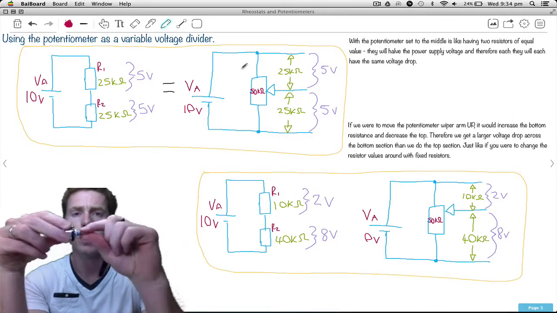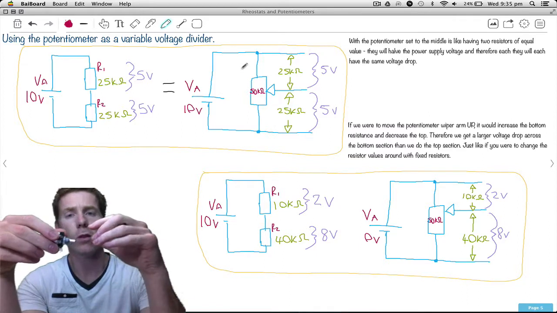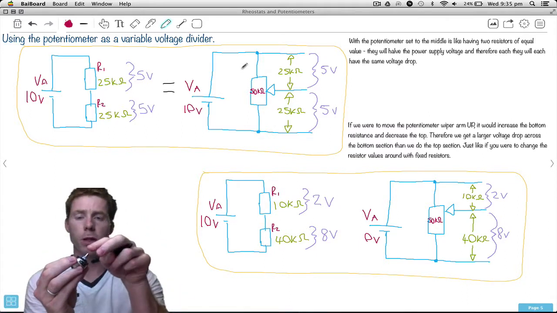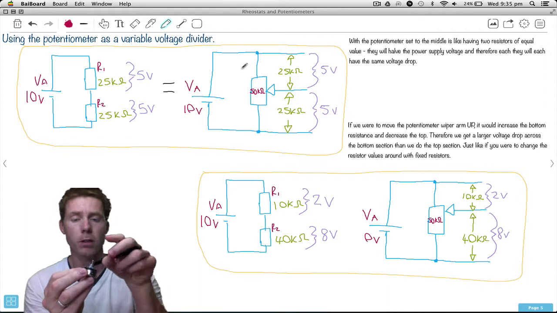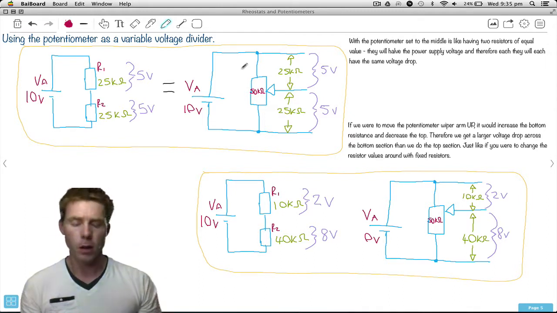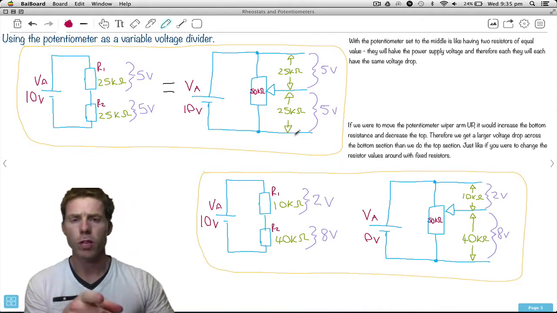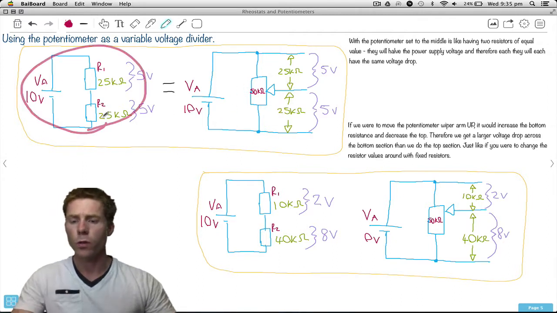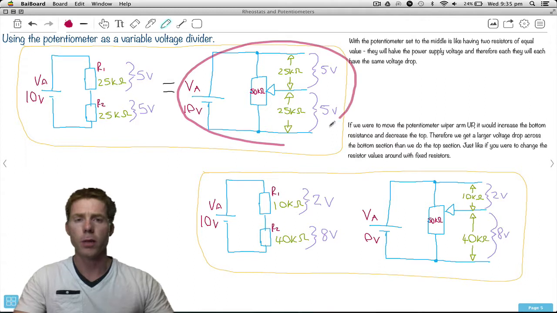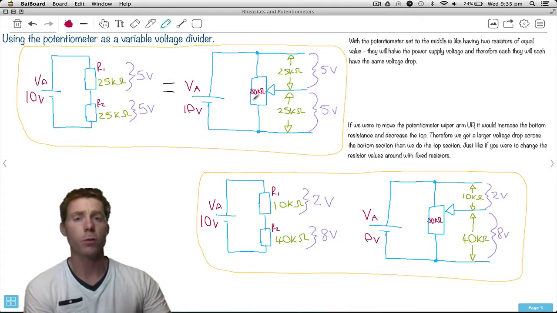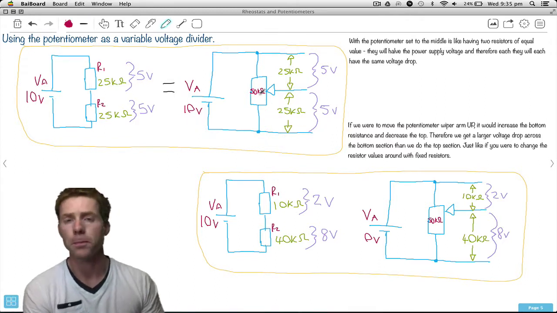We just need to rotate this back and forth, and we can vary how much resistance is between the center wiper arm and the top connection, and the center wiper arm and the bottom. But first of all, have a look at the equivalent circuit over here. This one with two fixed resistors is going to do the same thing as this one with one variable potentiometer resistor.